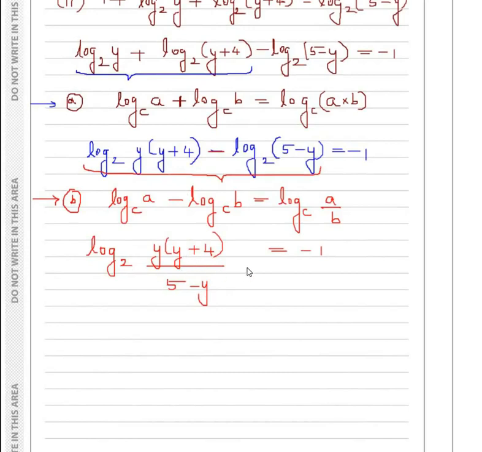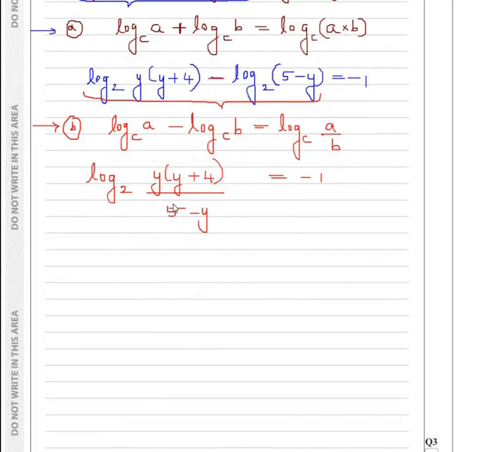Now to finally solve this equation, we are going to write it in the form log a to the base c is equal to b. Then we can also write it as a is equal to c to the power of b.